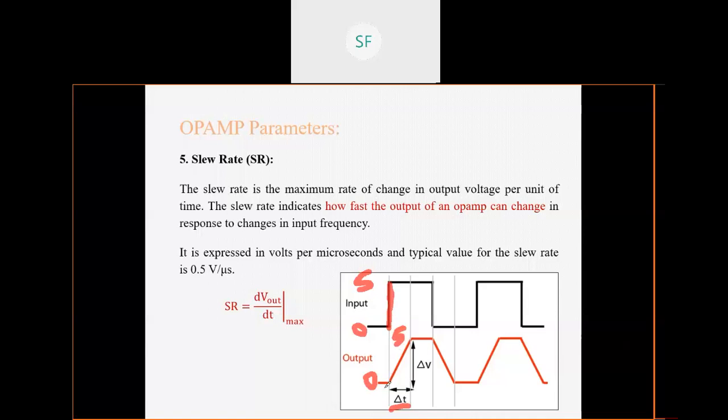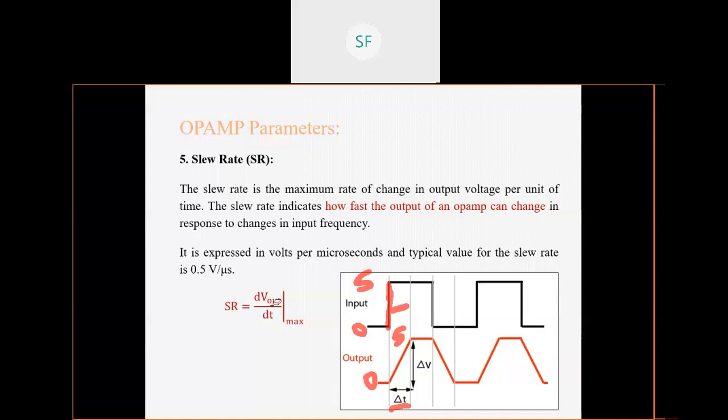Now observe that after delta T the change reaches the maximum point. So nearly half of your waveform, or half of the on time, the part above 5 volt, goes in rising from 0 to 5 volt. Due to that, it limits the operation of the op amp.